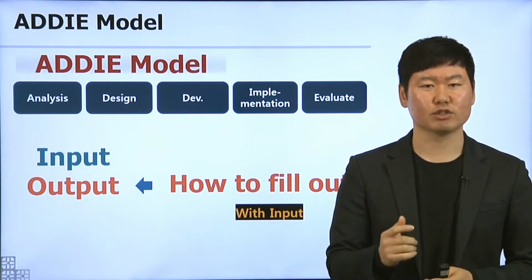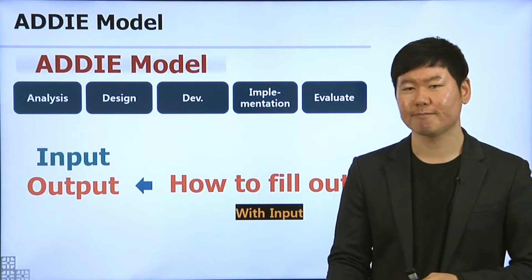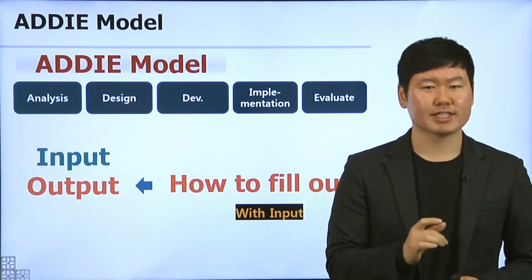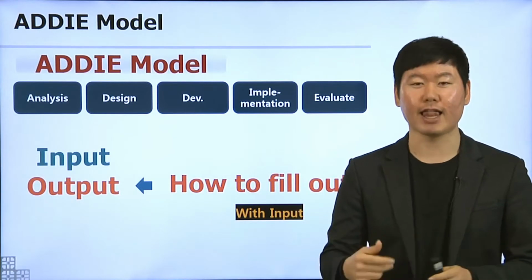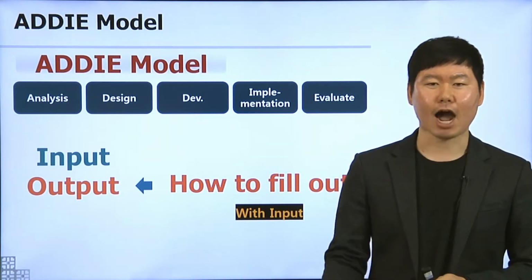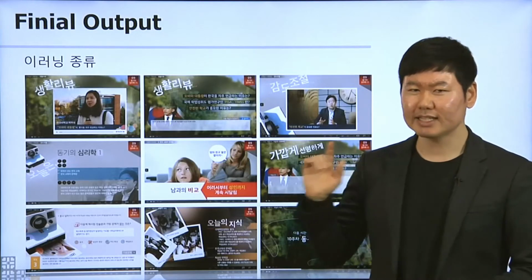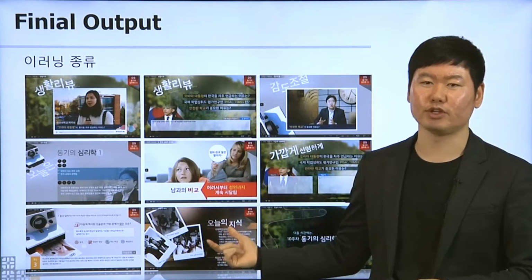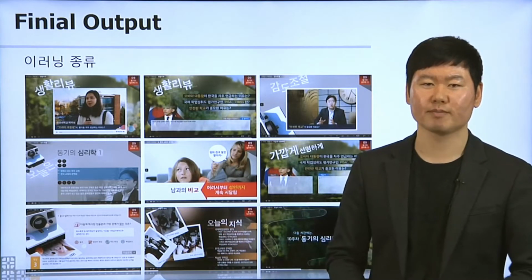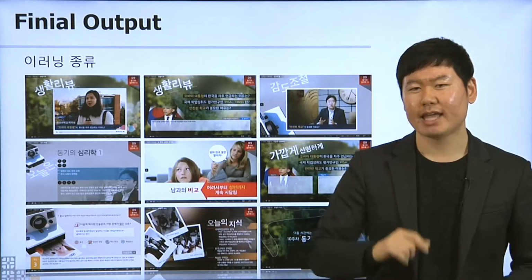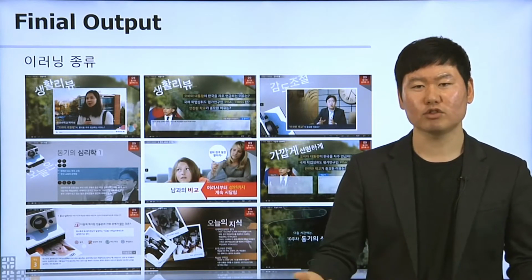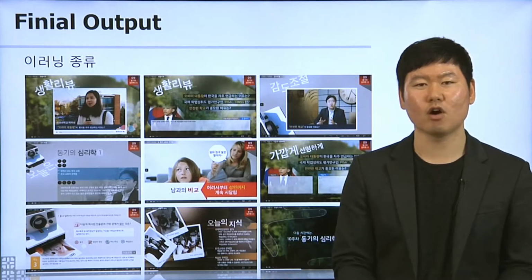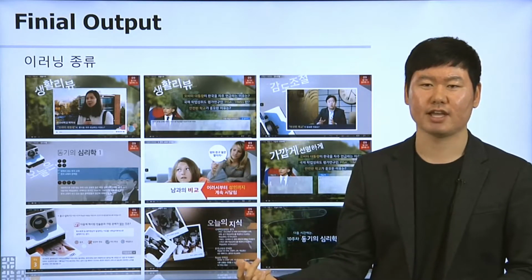So let us look at the output first and understand what we should prepare as input to fill out the final output. This is the e-learning final output with a learning flow. Now you can ask me, this is the final output, I know, so how do we find the ADDIE model in the final output?